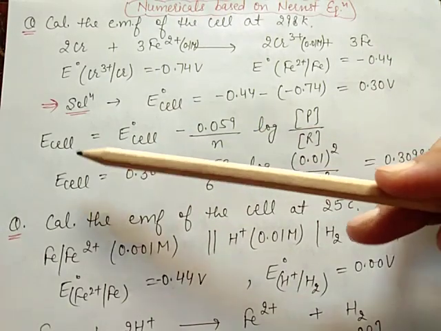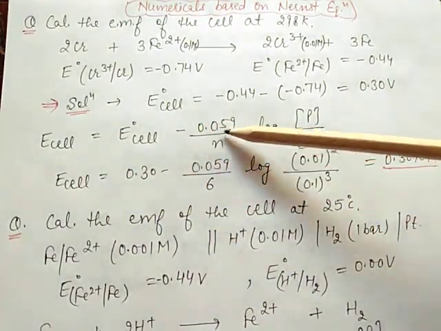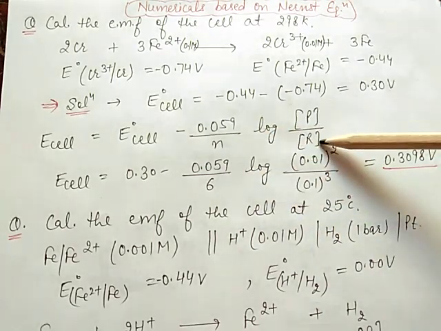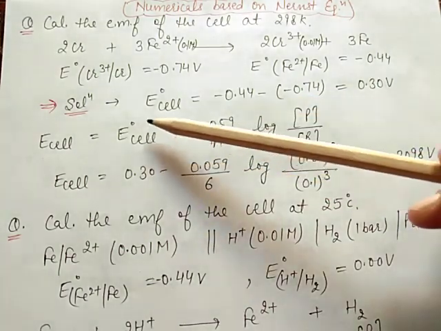This is the Nernst equation. E cell is equal to E naught cell minus 0.059 divided by n, log of product by reactant. Here first of all we calculate the E naught cell.